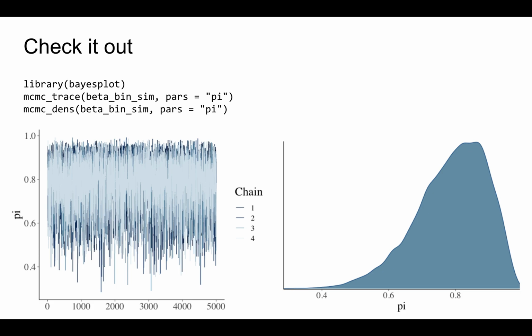So if there are 5,000 values in each of 4 chains, that's 20,000 pi values in total. This density plot provides our final approximation of the beta binomial posterior. Importantly, we obtained this approximation using only the rstan function along with information about our prior model for pi and our data.